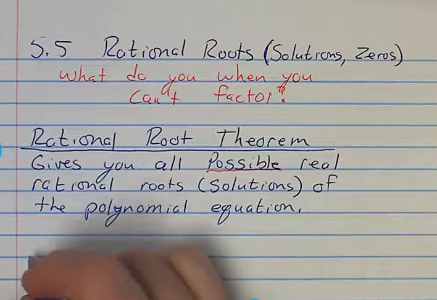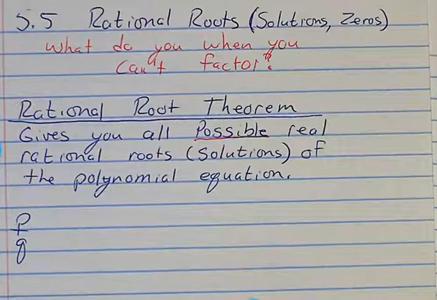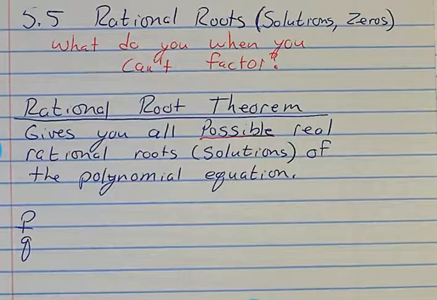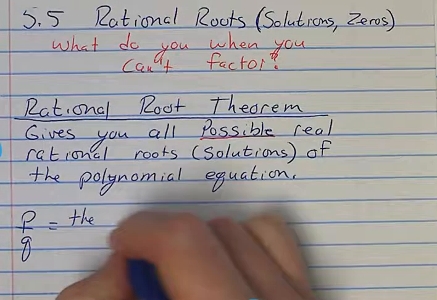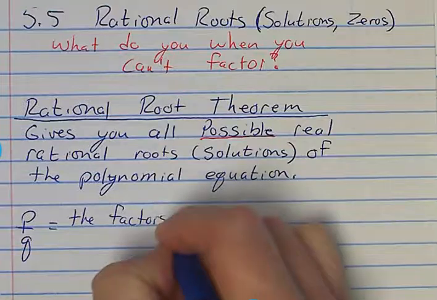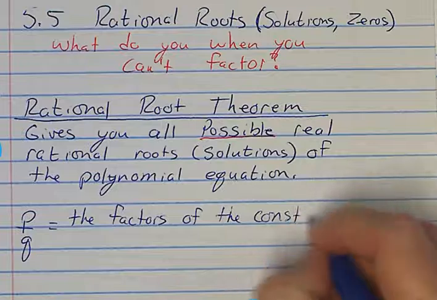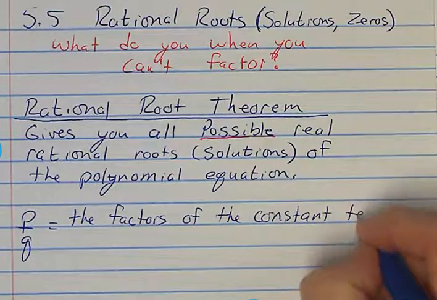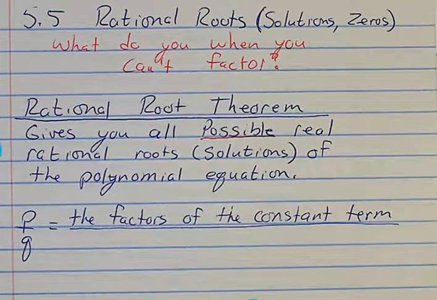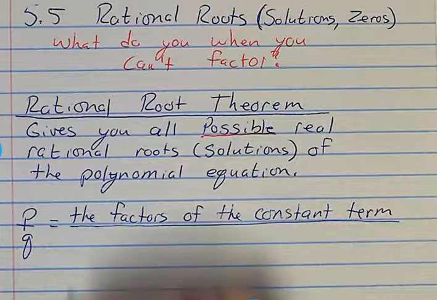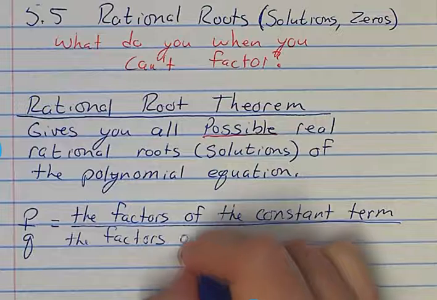Okay, and they shorten this, so they're going to call it P over Q. We haven't talked about P or Q, but what they do is tell you we can make this a little bit shorter. P is going to stand for the factors of the constant term, and Q is going to be the factors of the leading coefficient.